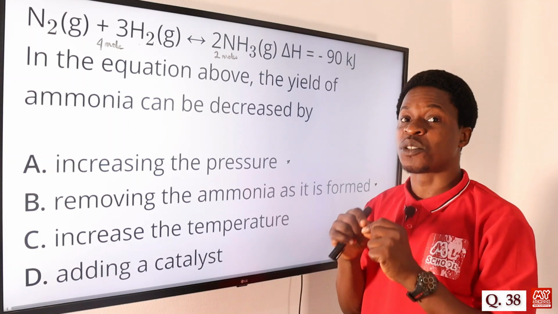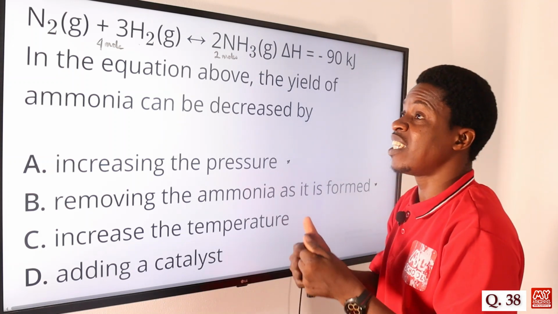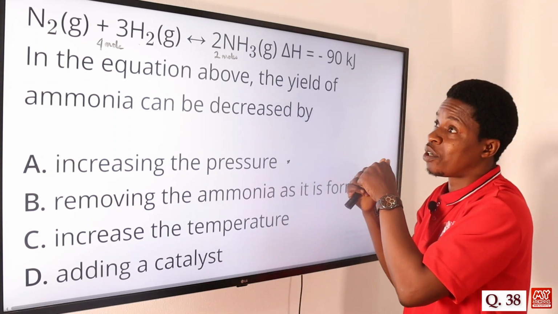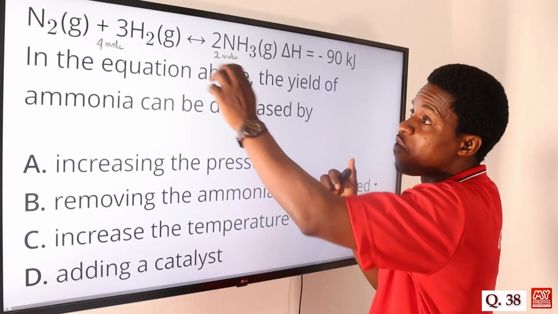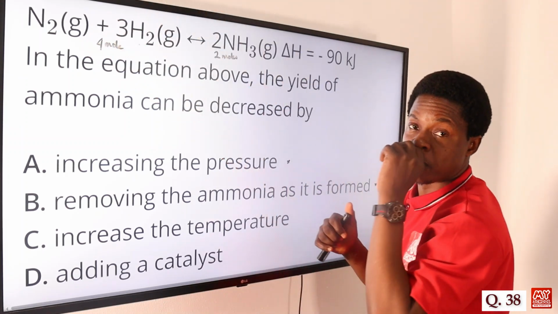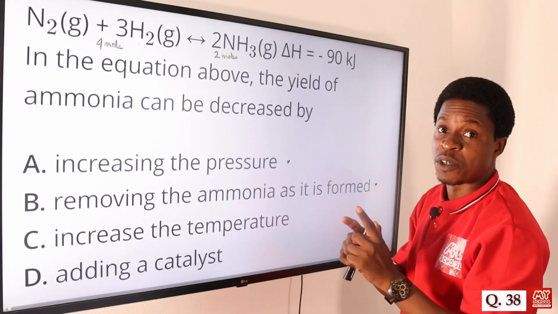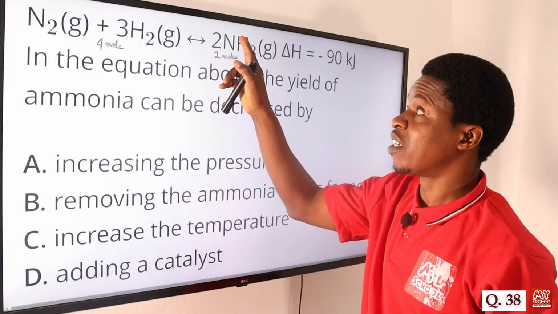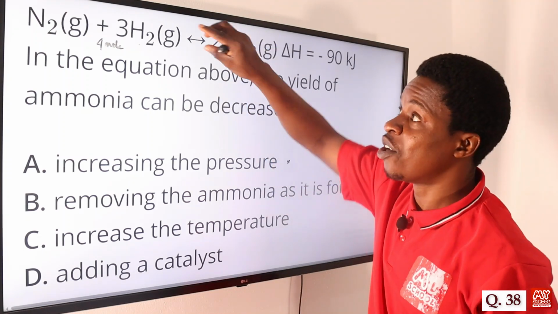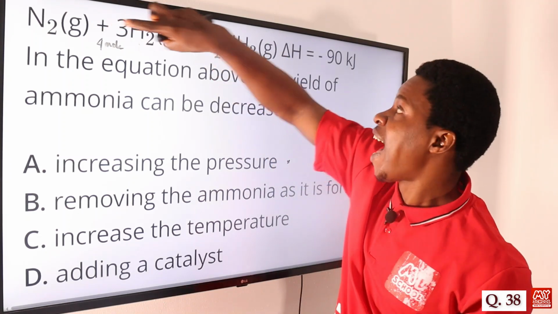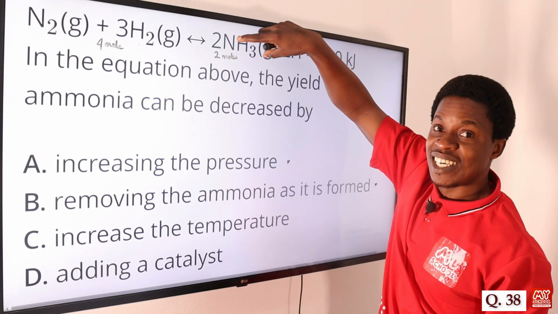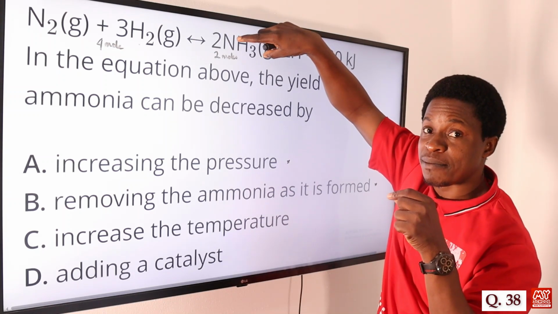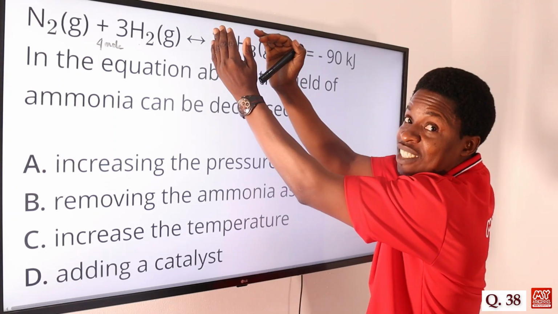But if it is an exothermic reaction, if you increase the temperature, more of the reactants will be formed, and if you decrease the temperature, more of the products will be formed. So if you increase the temperature, you will form more of this and less of this.